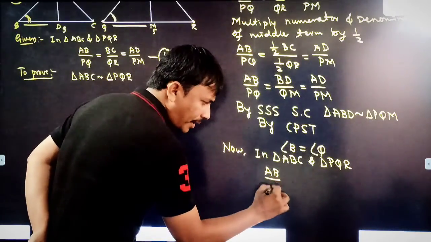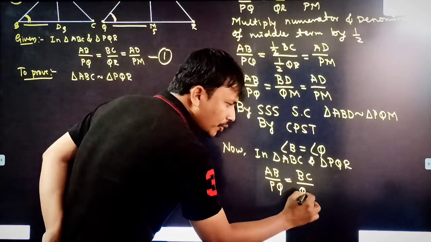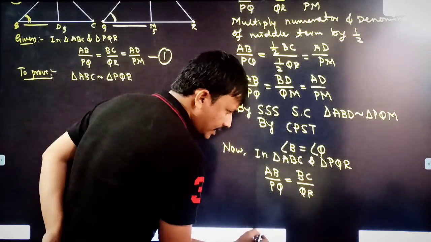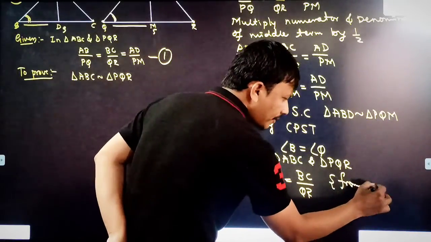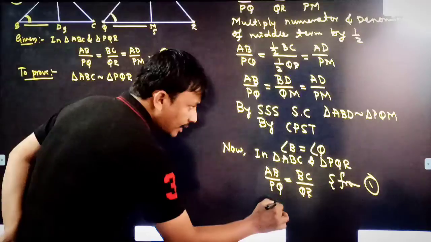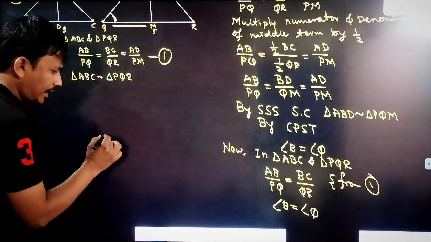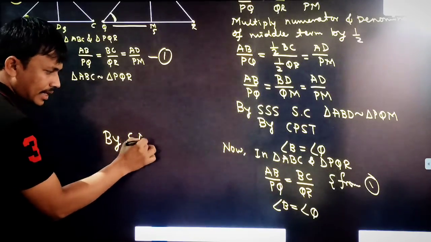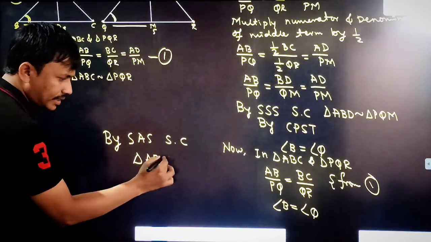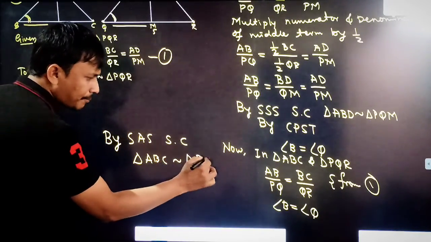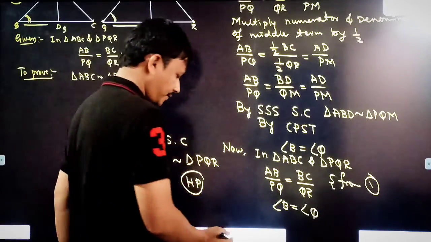AB divided by PQ is equal to BC divided by QR from equation number 1. Next, angle B is equal to angle Q. By similarity criterion, triangle ABC is similar to triangle PQR. Hence proved. This is the solution.